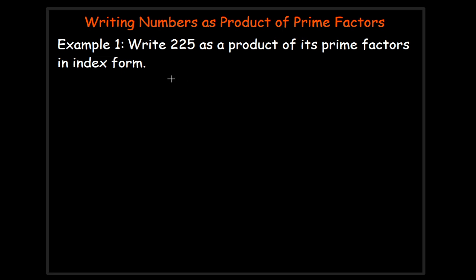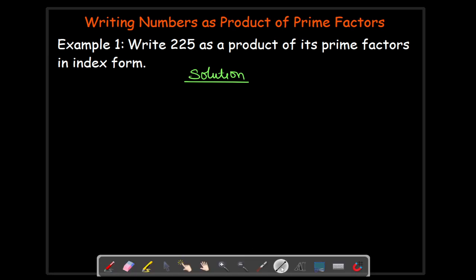And then we have example number one: write 225 as a product of its prime factors. So let's see what we have. We talked about this when we were doing numbers.